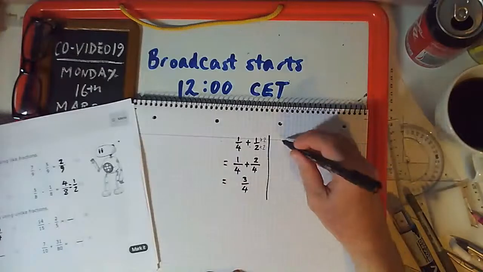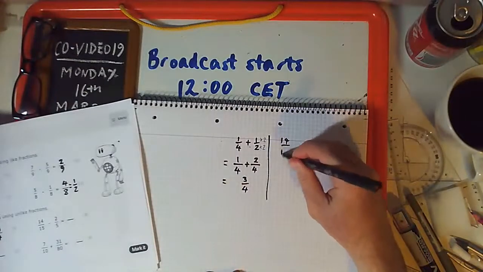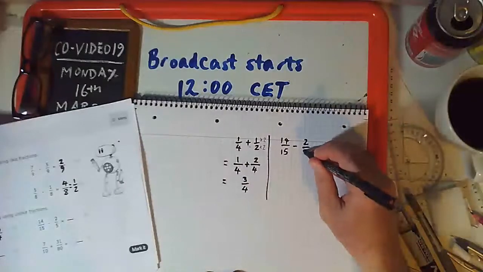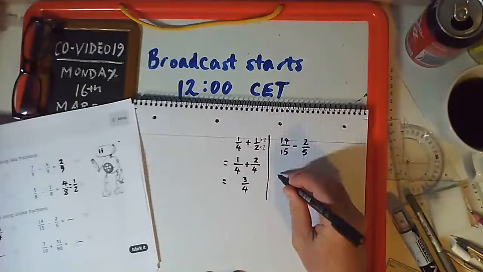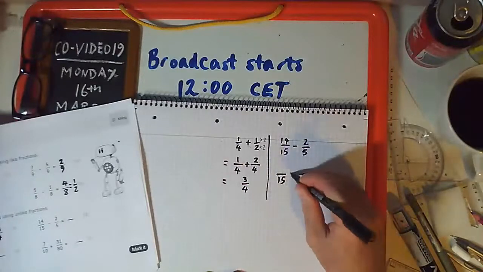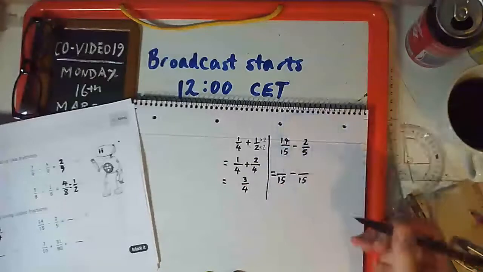Okay, next one, 14/15 minus 2/5. Let's go over here. So 14/15 minus 2/5. I said 15ths, I meant fifths. So 15 and 5 both go into 15. So I can write both of these as fractions out of 15.